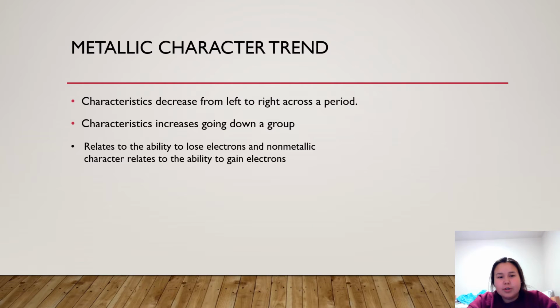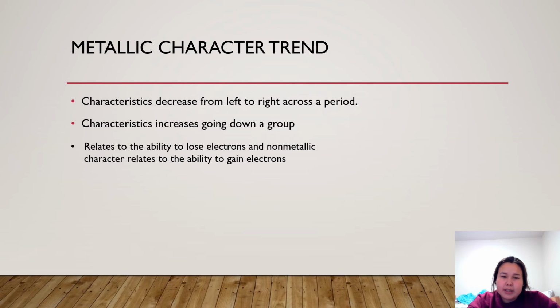Metallic character trend. Characteristics decrease from left to right across a period, caused by decrease in radius of the atom that allows the outer electrons to ionize more readily. Characteristics increase going down a group.